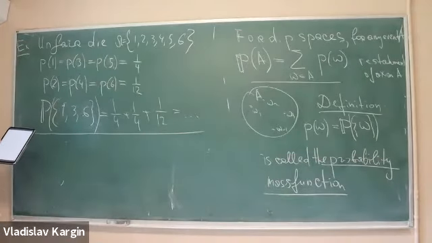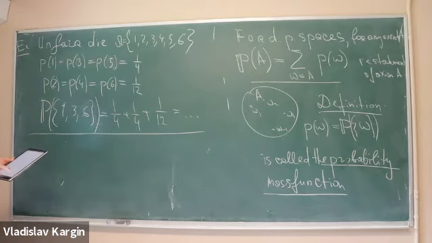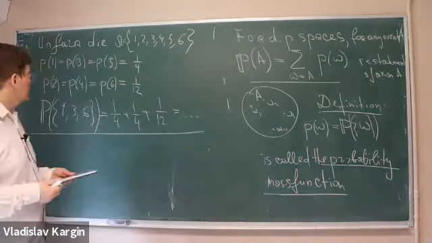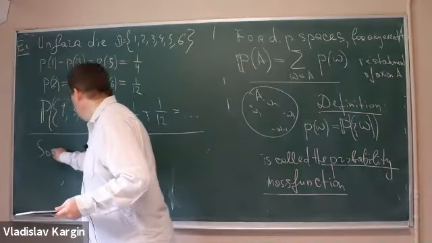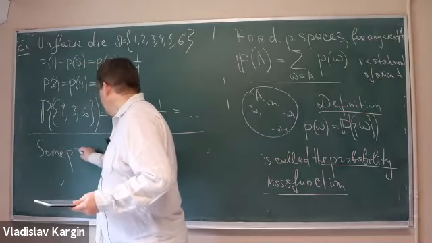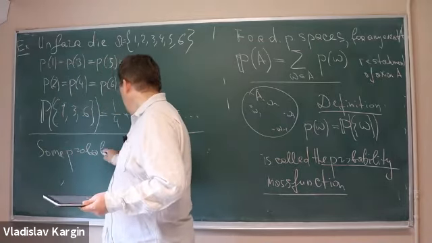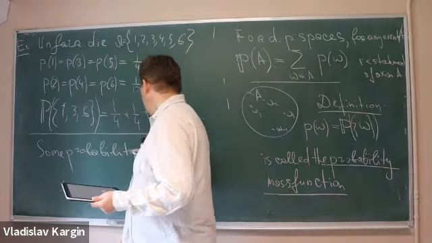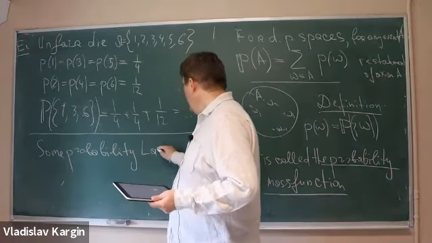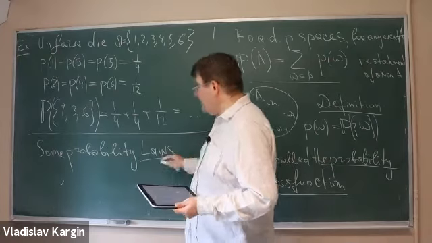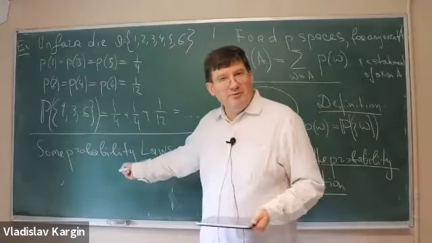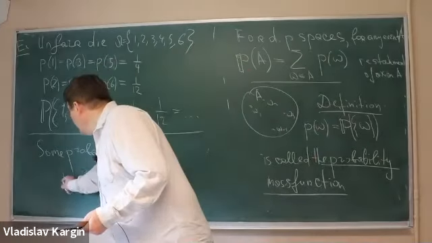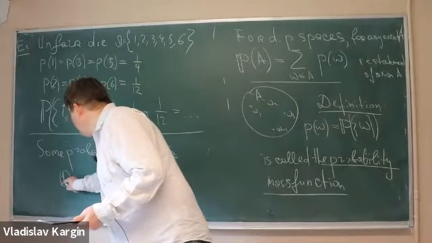So here are some probability laws. When we say laws, it's just a consequence of the axioms; you can derive them from the axioms. I probably will not derive most of them, maybe one of them.